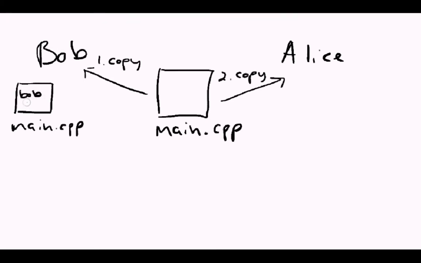So Bob puts his changes here. Alice works from her copy and she puts her changes here. Okay. So now what happens is, Bob and Alice have to test their code to make sure it works. But once they're pretty sure it works, they'd want to put it back in the repository. Okay. So let's say Bob just happened to go first.